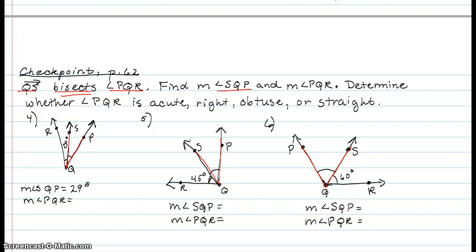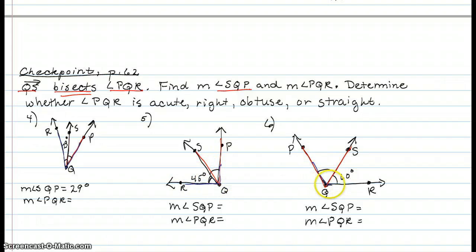Now, the second thing you're being asked for is going to be the whole angle, PQR. That's your entire angle. So let's go ahead and use blue. So now you're going to find PQR. That's the whole angle.